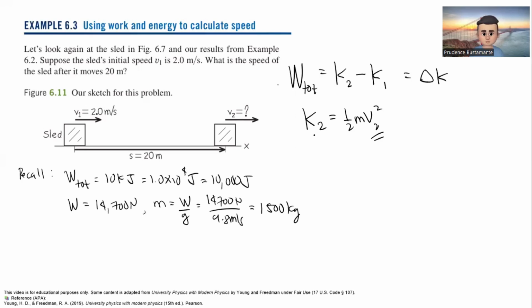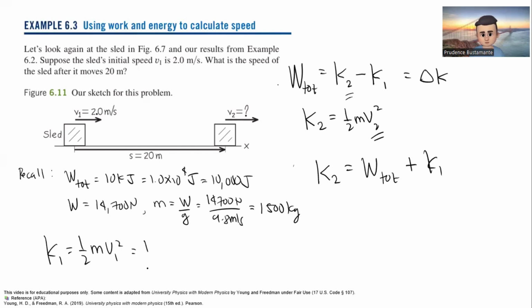Okay. So from this equation, if we want to find K2, K2 is just equal to the work total plus K1. Okay. So what is K1? We know already the work total. K1 is just equal to 1/2 mv1 squared, which is equal to 1/2 times 1,500 kilograms times 2.0 meters per second squared.